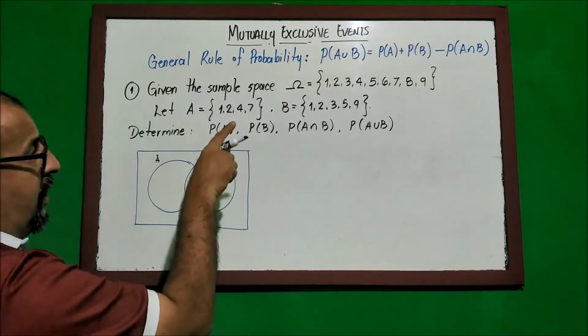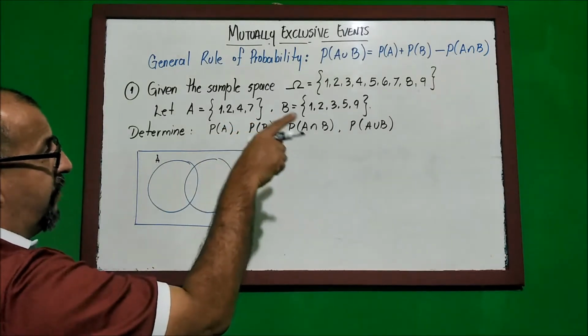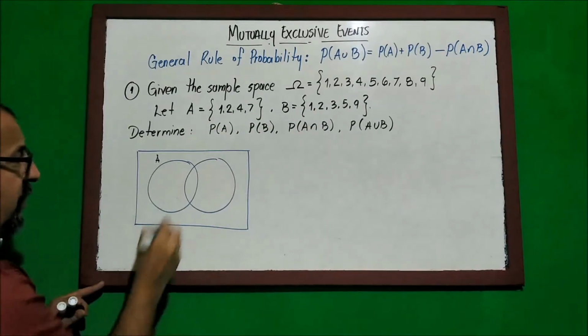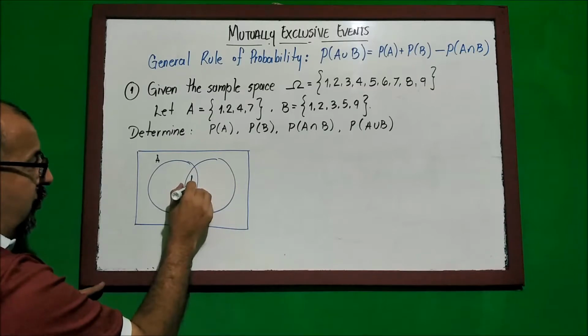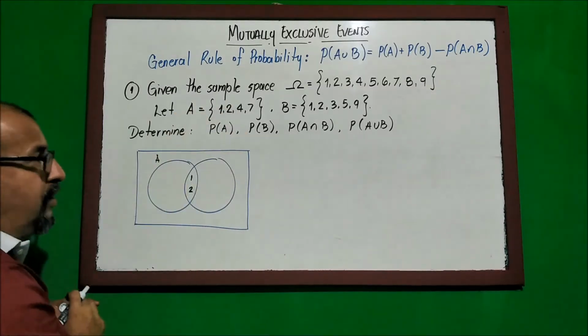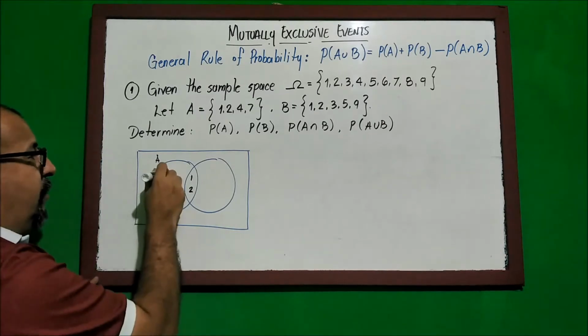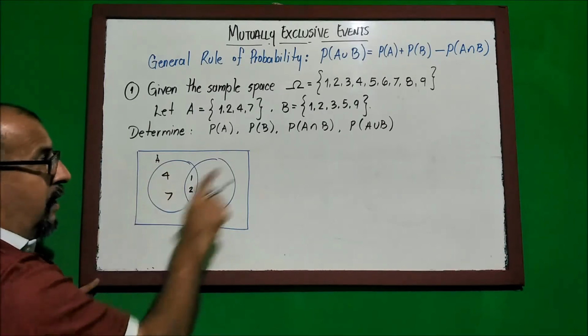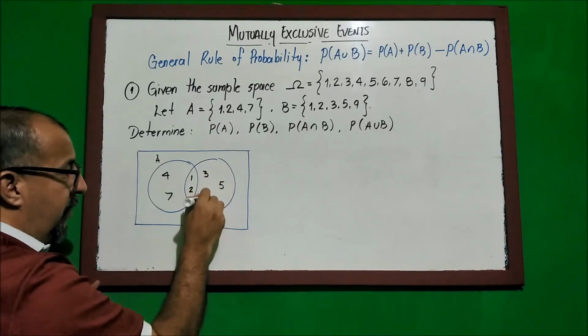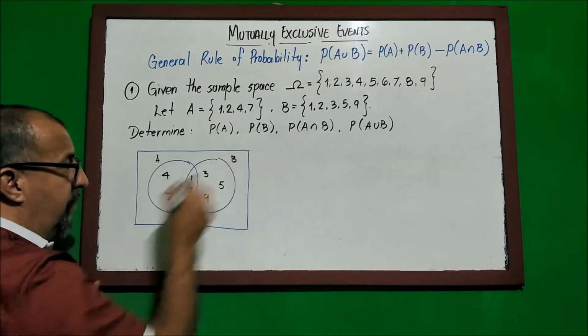And in set B, we have elements 1, 2, 3, 5, and 9. And as you can see, 1 and 2 are common in both of them. Therefore, 1 and 2 are the intersection of the two sets. Then we start writing 4 and 7, and then we write 3, 5, and 9 as part of set B.